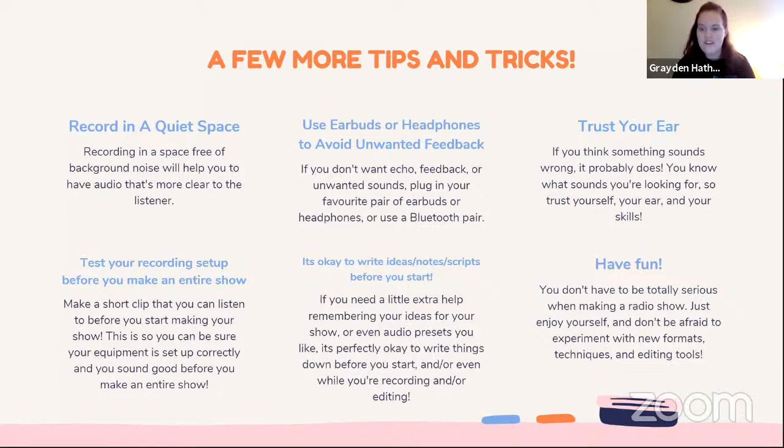And trust your ear. If you think something sounds bad or wrong, it probably does. You probably know what sounds you want and what you're looking for. So just trust yourself. If something doesn't sound right, it's okay to want to change it. And if something sounds perfect, it's okay to keep doing it.